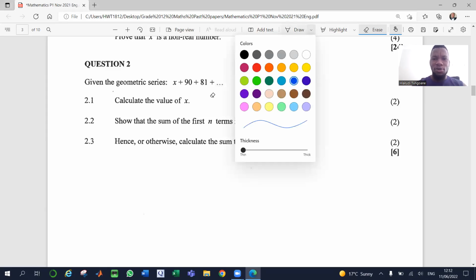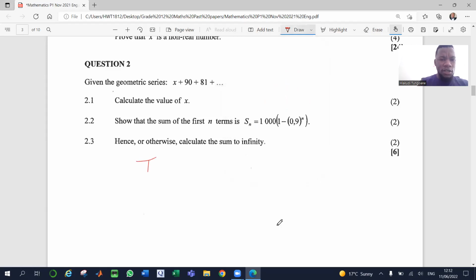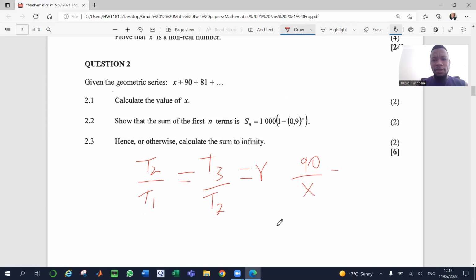So if you take T2 over T1, it must give us the same answer as T3 over T2, and you can just call it r, the constant ratio. So we're going to say 90 over x must give us the same answer as 81 over 90, right?